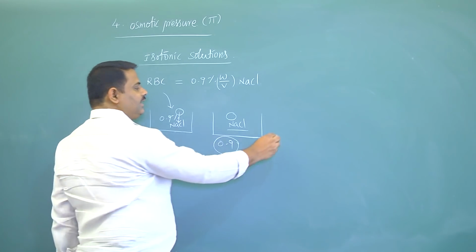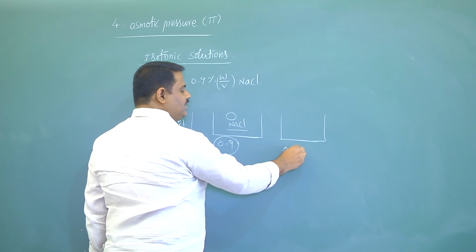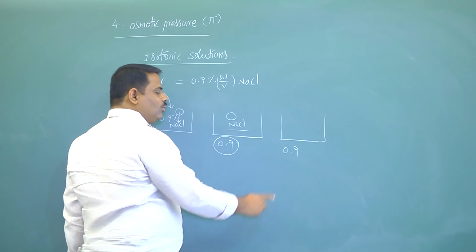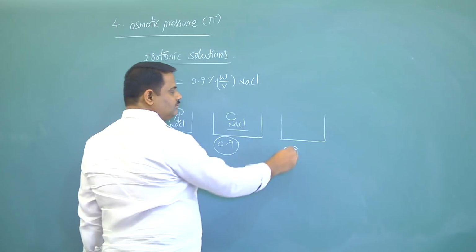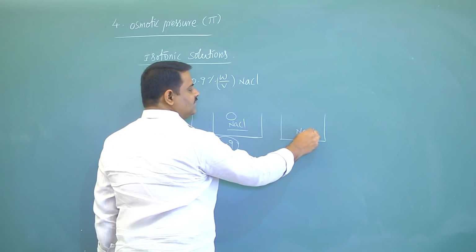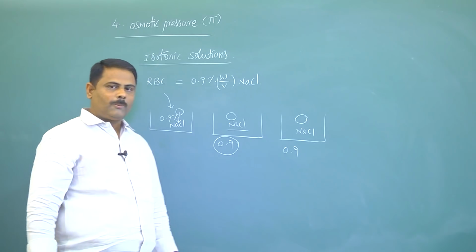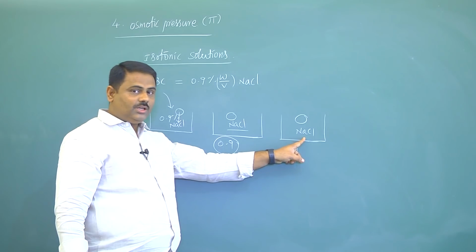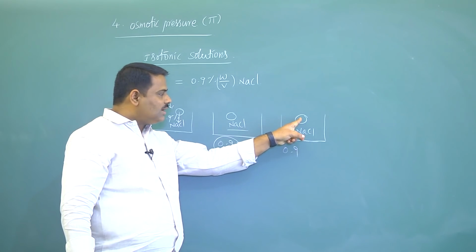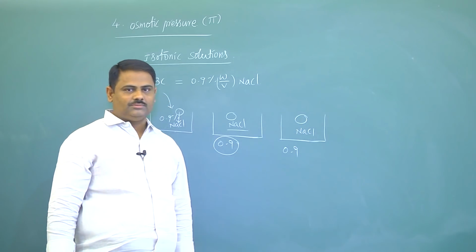Now in the third case, here the concentration of NaCl is more than 0.9% weight by volume. Now in this, if RBC is placed, the concentration of sodium chloride is more, that's why the water or solvent present in RBC comes out.